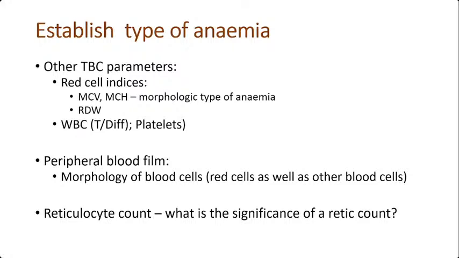Therefore, if I have an anemia and a raised reticulocyte count, it tells you that your bone marrow is working very hard to try and replace those cells that are being lost, okay, or the deficiency in red cells.